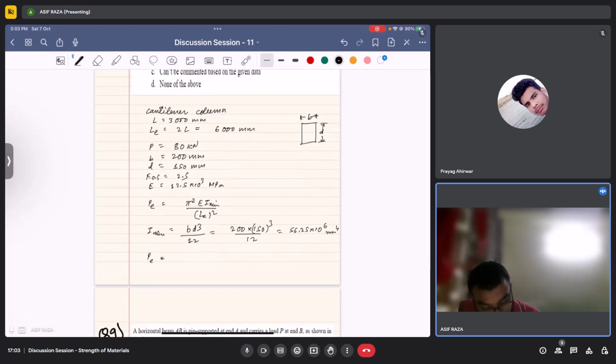PE would come around pi square. Let's substitute it. 12.5 into 10 power 3 into 56.25 into 10 power 6 divided by 6000 square.